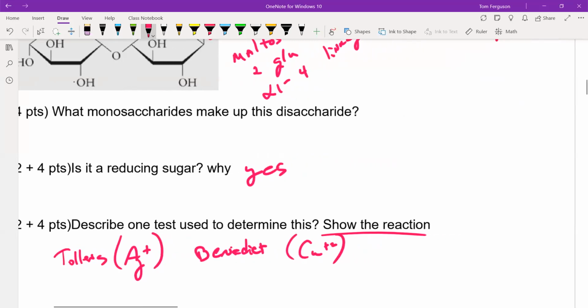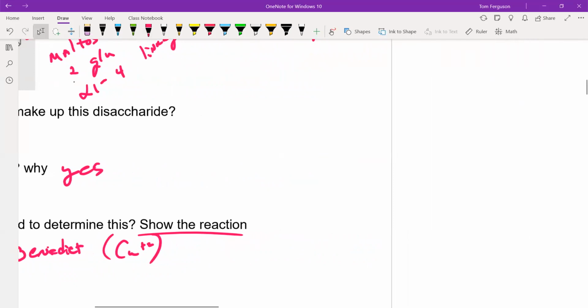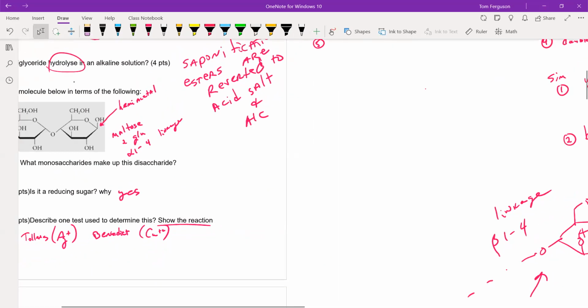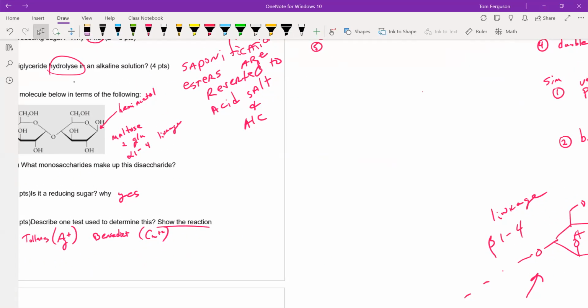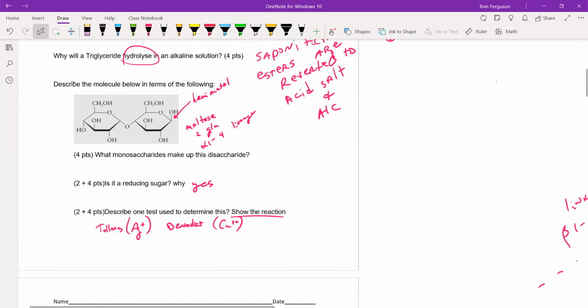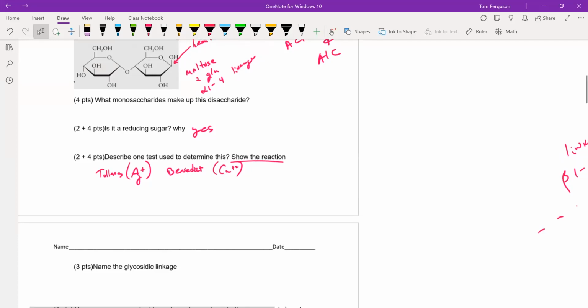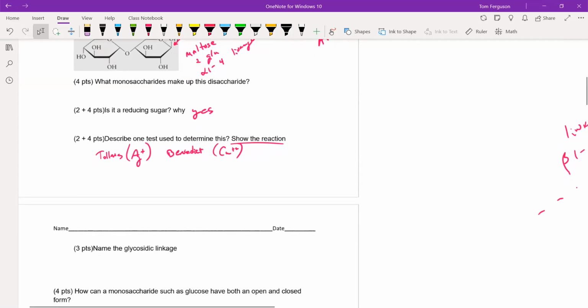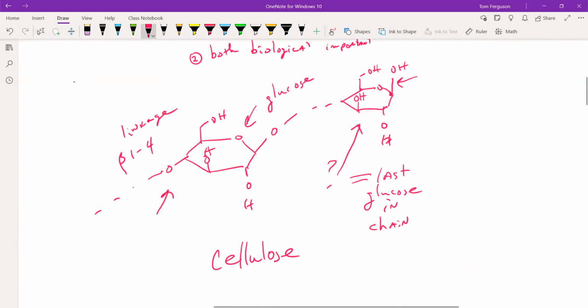Okay, so I'm going to do, and the glycosidic linkage is the alpha 1,4. Okay, the reaction. Let's do the reaction over here.